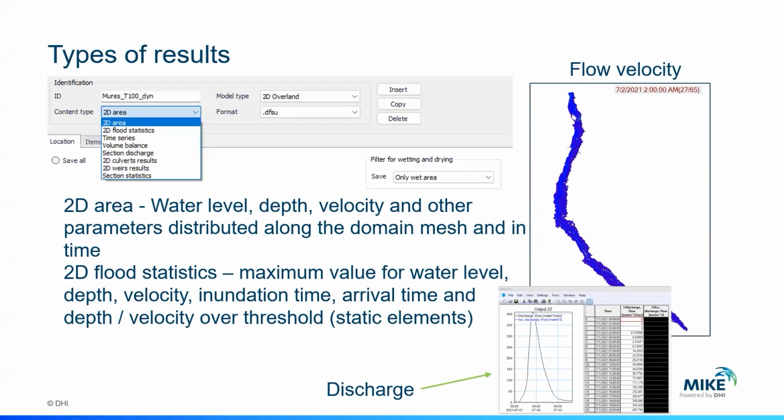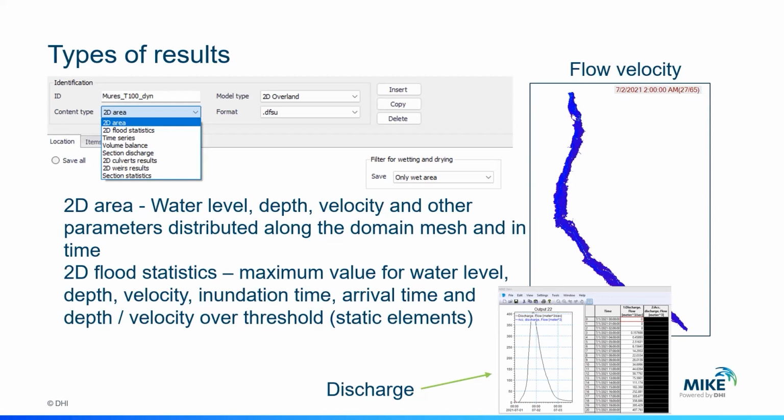But we can also obtain static maps, for example, arrival time of the flood wave, inundation time, water depth or velocity above a specific threshold, which can all be very useful in assessing the flood hazard and also in assessing the flood risk.